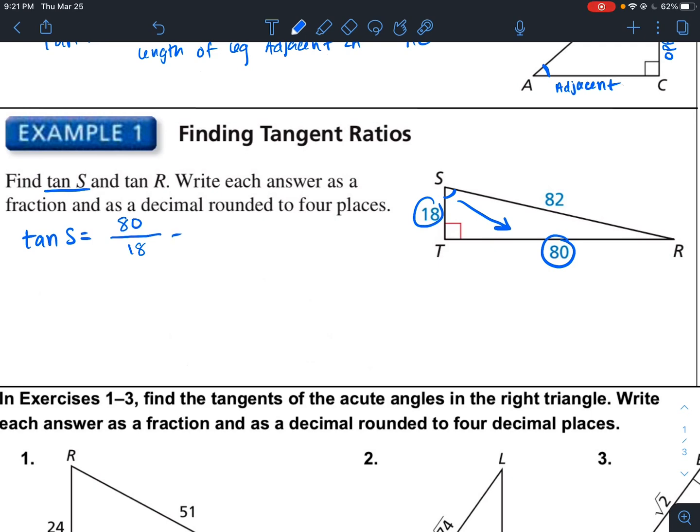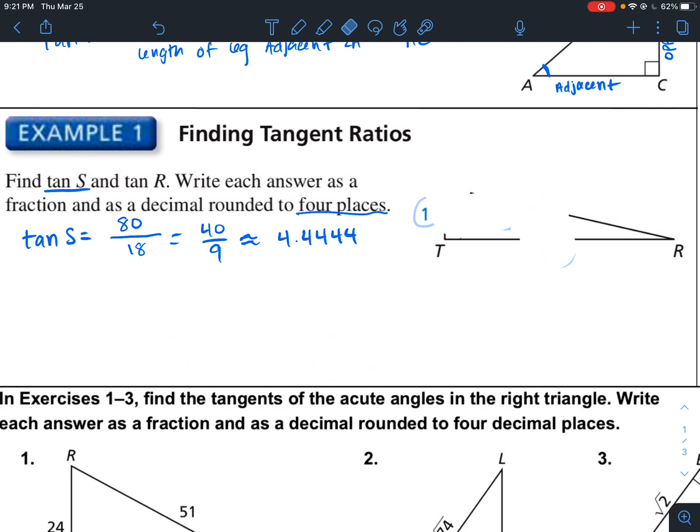Now you can reduce this ratio to be 40 divided by 9. And then if you were to put this into a calculator, you would get roughly 4.4444 if we're rounding to 4 decimal places. So that is tangent of S.